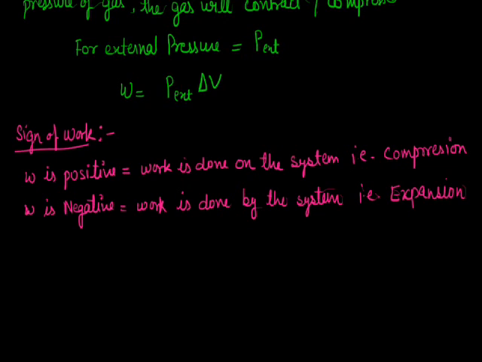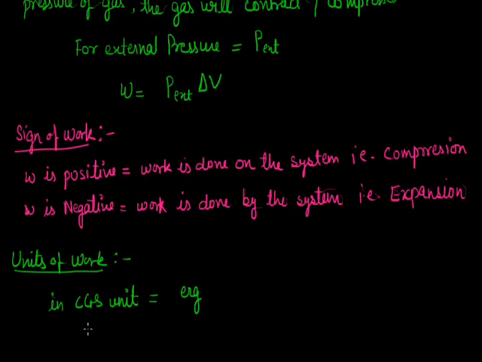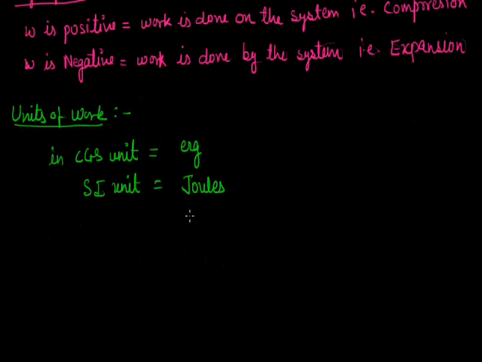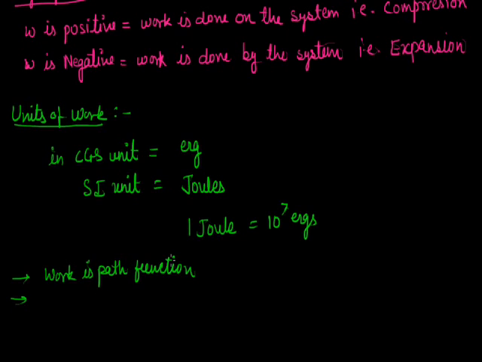Now we will discuss the units of work. In CGS unit, the unit of work is the erg, and in SI unit, the unit is joule. The relation between erg and joule is 1 joule is equal to 10 to the power 7 ergs. Two important points about work: work is a path function, meaning it is not a state function.